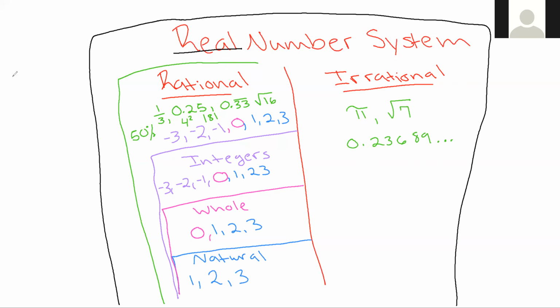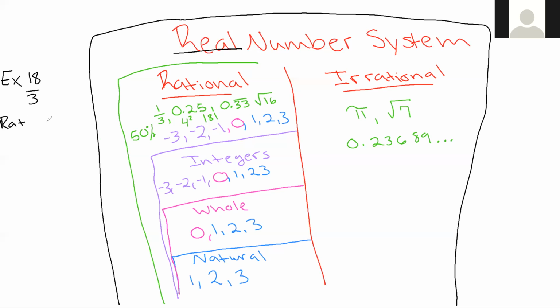So for example, let's say I have 18/3. Well, 18/3, it's a fraction, so it is rational. So I can say this is rational. I'll just use RAT for that.